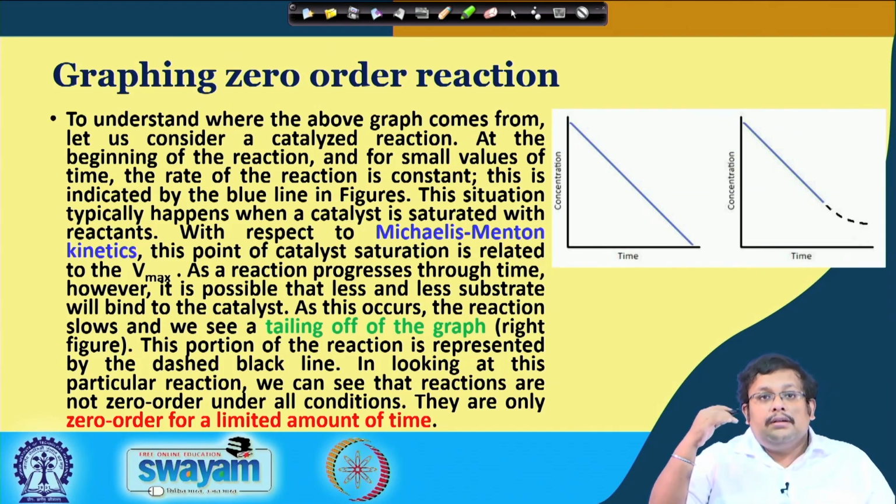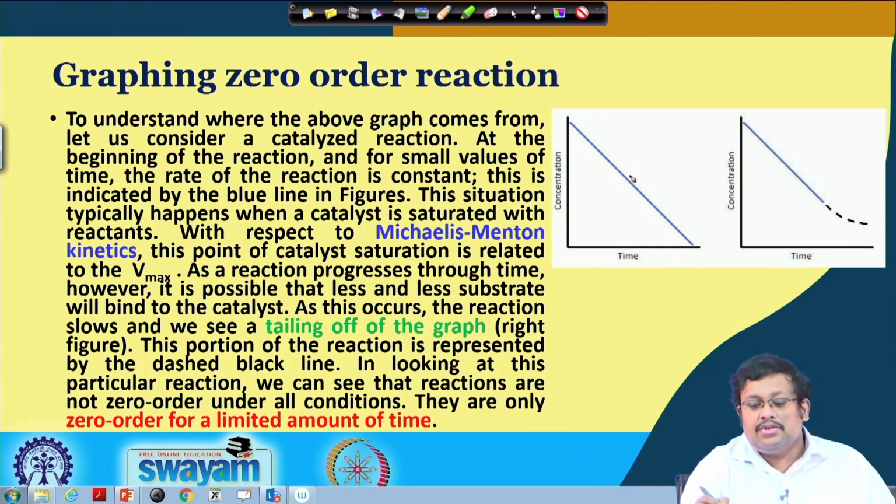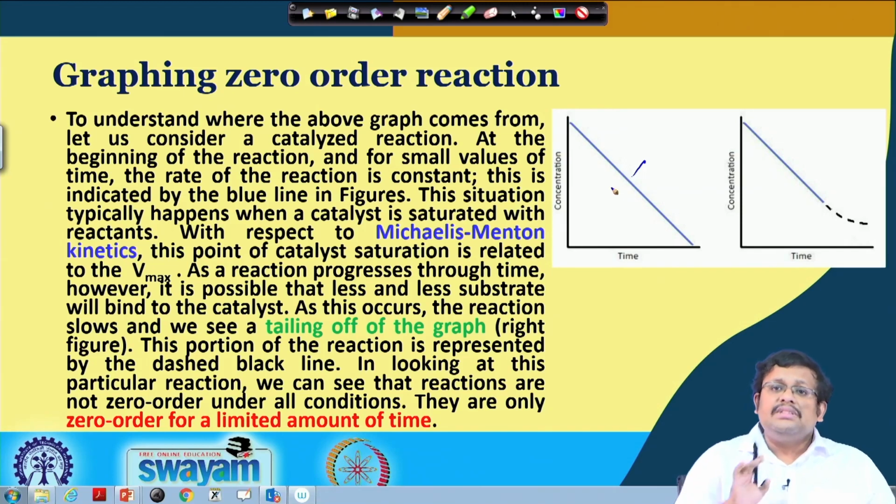This is indicated by the blue line of the figure. The integral form shows that it is a constant. As the concentration goes down, if we plot the rate versus time, it will be a constant line. This blue line indicates that.